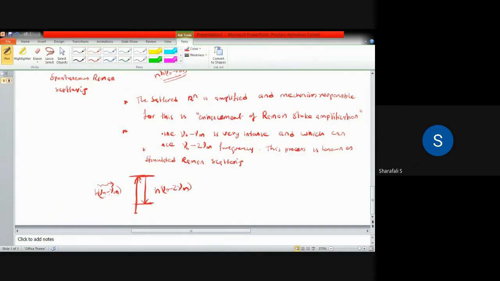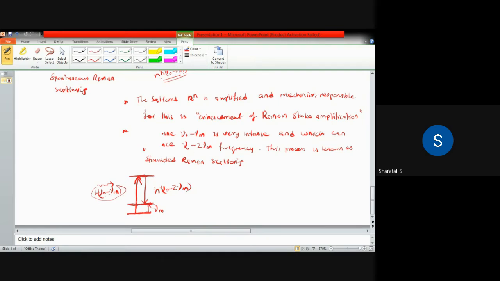So this is the energy level difference. After absorbing this energy, h nu zero minus nu m, the sample goes to the excited state. It does not mean the sample is actually going there, but it is absorbing energy and some vibration or rotation is happening.